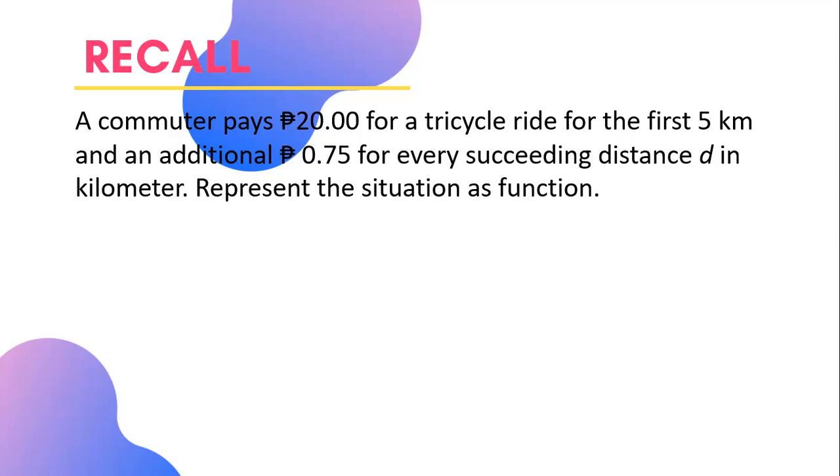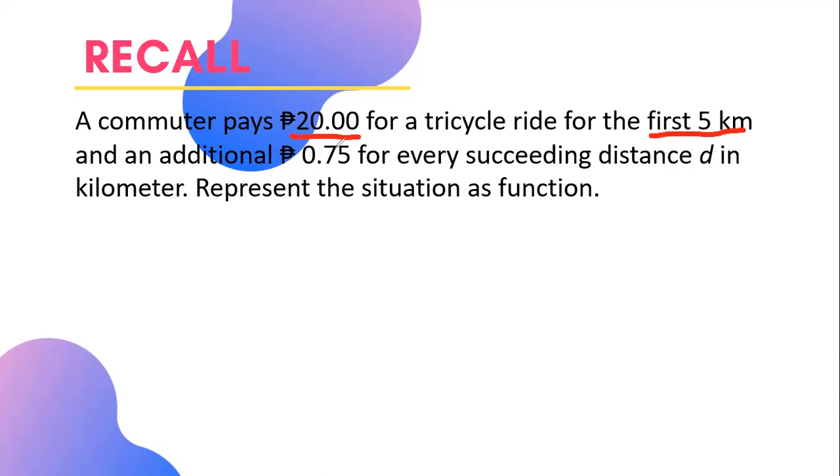As I mentioned, this is an example of a piecewise function, and obviously this contains 2 formulas. What are those formulas? The first formula is 20 pesos for traveling 5 kilometers or less.